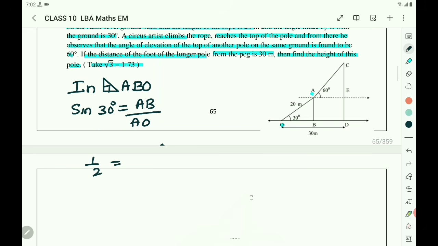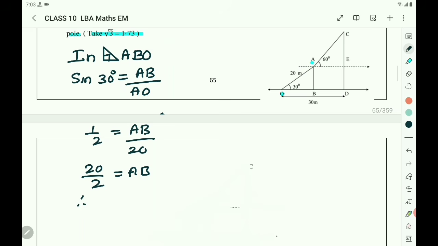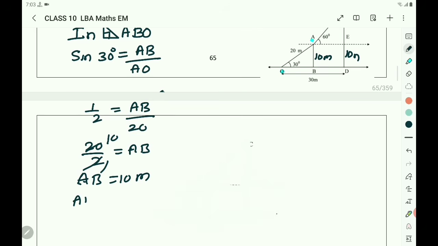Then 20 by 2 equals AB. So AB equals 10 meter. This AB is 10 meter means DE is also 10 meter. Then you can write AB equals DE equals 10 meter.